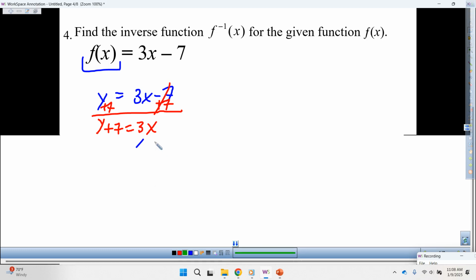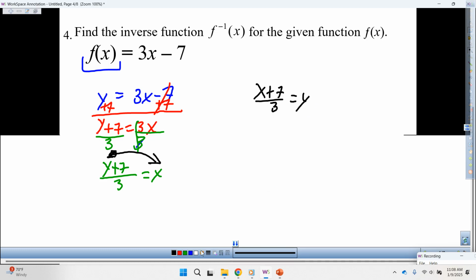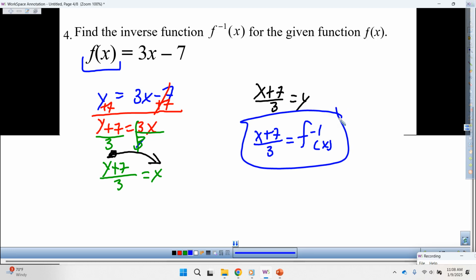Then divide by 3 on both sides, we get y plus 7 over 3 equals x. And then yep, flip the variables. That one here, that one there. X plus 7 over 3 equals y. And lastly, f of x. F inverse of x. All right, hands if you got that. All right, not bad. Copy the agenda, please.